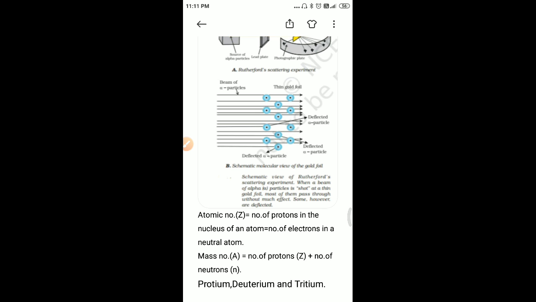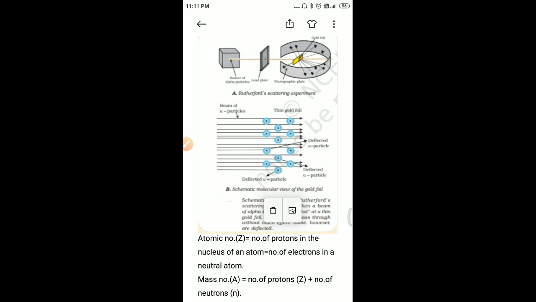Then we can have a question like this: why not consider the electrons as stationary around the nucleus? If the electrons were stationary, the electrostatic attraction between the dense nucleus and the electrons would pull the electrons toward the nucleus, forming a miniature version of the Thomson model of the atom.